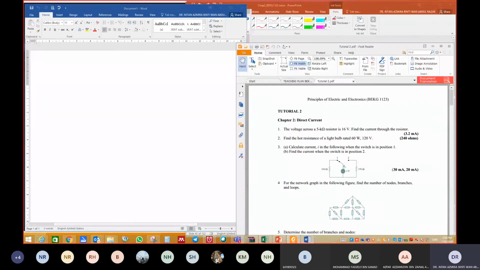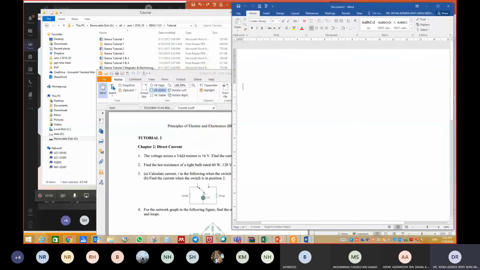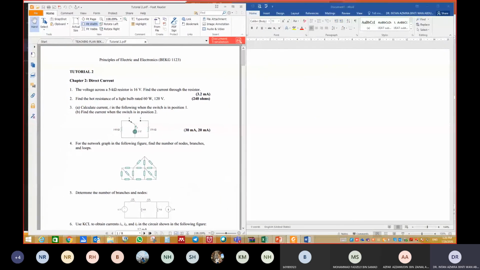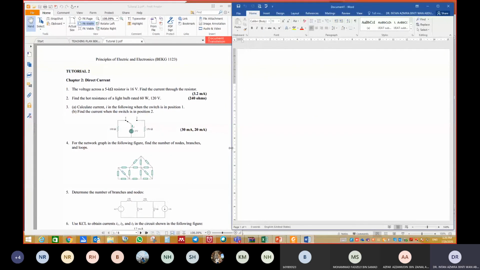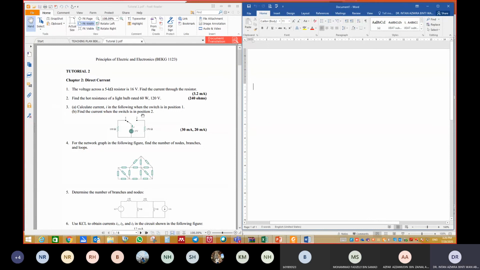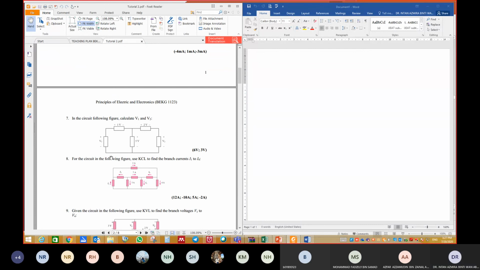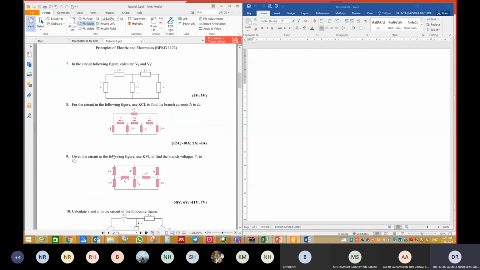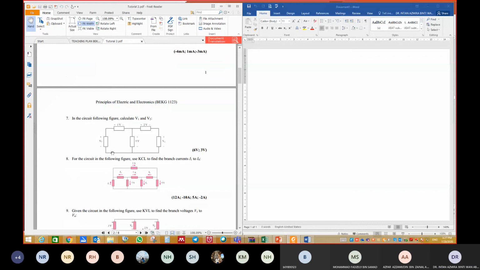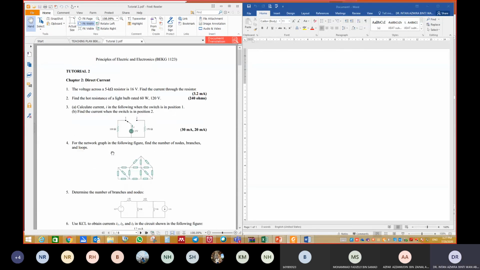Tutorial 2. So they have to cover many parts. Okay, let's try. The voltage across the 5K ohm resistor is 16. Find the current. Very easy. Find the resistance. Very easy. No need. Determine number of branches. So this one, we have not covered it yet.